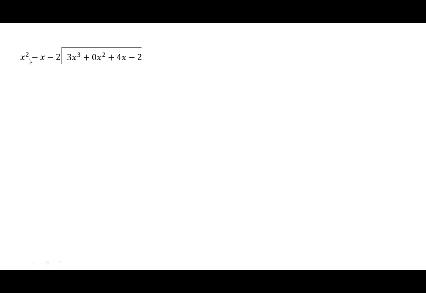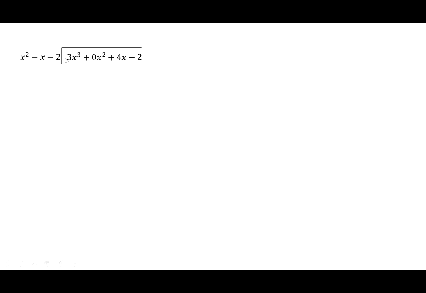Okay, and now what is the first term of the quotient? Here is the idea. Pay attention, please. Pick the highest term in the dividend, which is 3x cubed. Now pick the highest term in the divisor, which is x squared. And figure out what 3x cubed over x squared is.